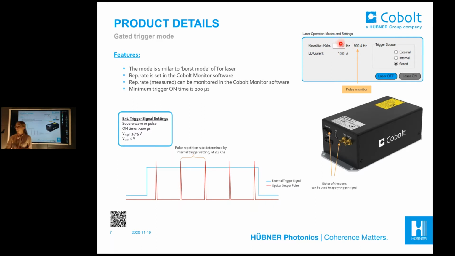And again, you can monitor the repetition rate the laser is measuring here in the software right next to it. So the demand on the external trigger signal is that it has to be longer than 200 microseconds, and that's basically it. So as long as your external trigger is on, the laser is sort of operating similar to the burst mode of our Tor laser.